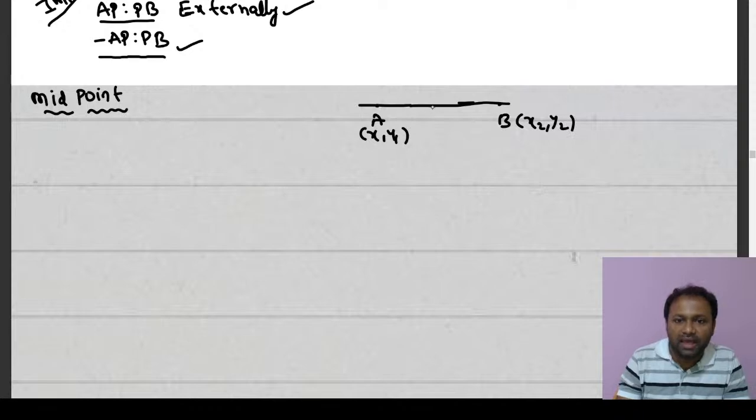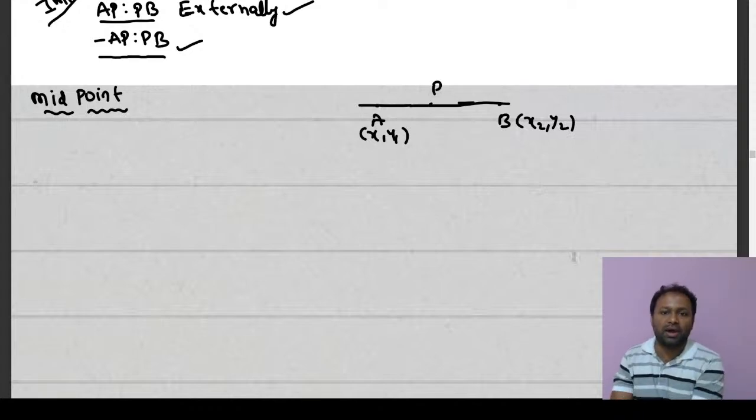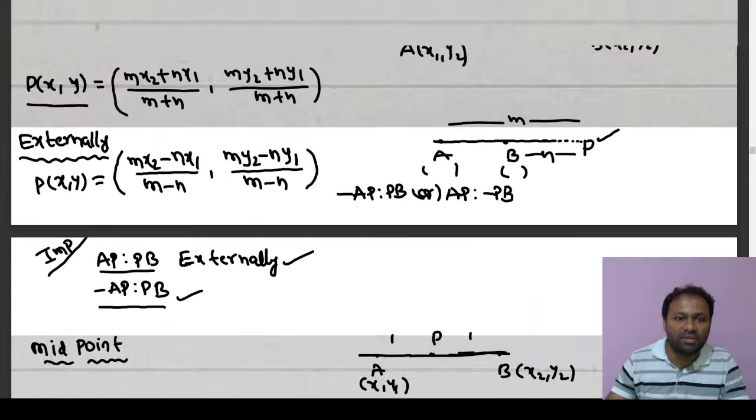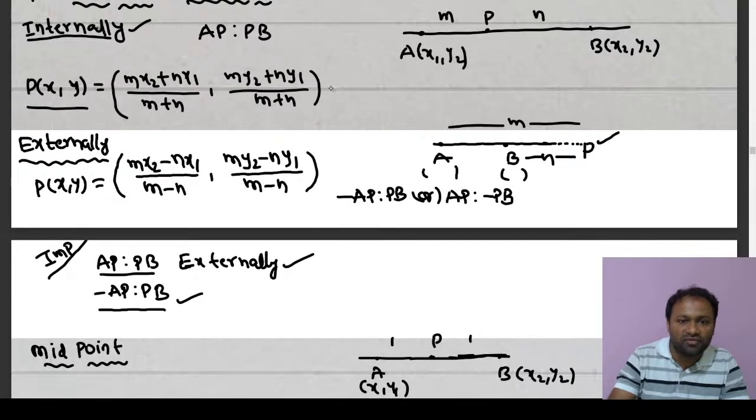I will take this point P as midpoint. Midpoint means exactly it divides in the ratio 1:1, and this point always lies internally, so I will substitute 1 comma 1 in the first formula. Instead of m I will put 1, instead of n I will put 1.